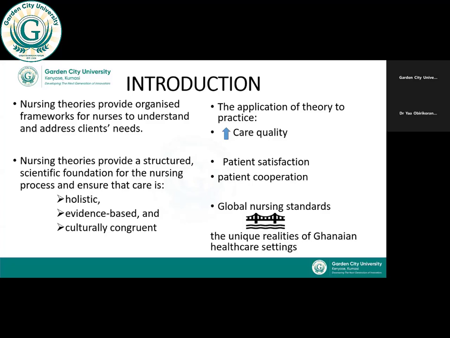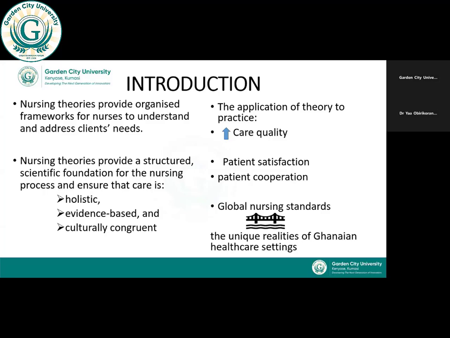So if you tell a typical Ashanti woman who has diabetes to stop eating fufu, how do you think this person would take this news? Is the patient going to comply or not? And if the patient is not complying, what is the effect on the healthcare of the patient?